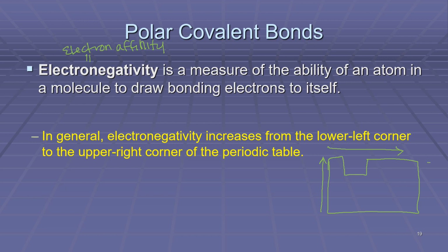Now we don't really include the noble gases. So fluorine up here at the upper right hand corner has the highest electronegativity of all the elements. And then I think francium down here is one of the lowest.